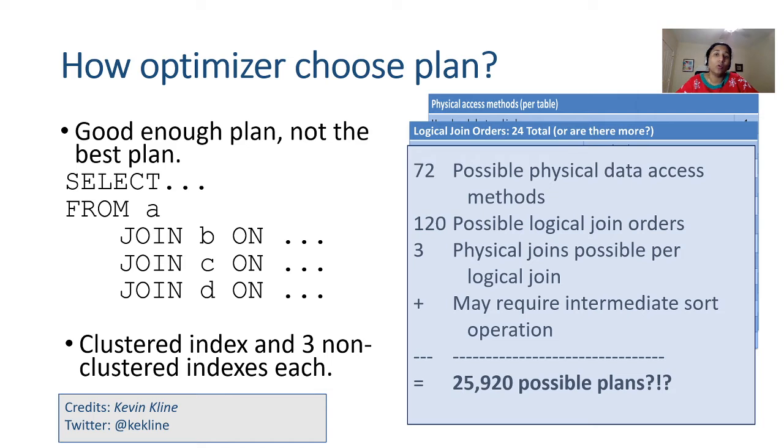No user wants to wait such a long time to get the results. So instead, the optimizer analyzes only some of the transformation rules so that it can get a good enough execution plan as quickly as possible. That's how the optimizer works. Now I would like to thank Kevin Klein for loaning me this example.